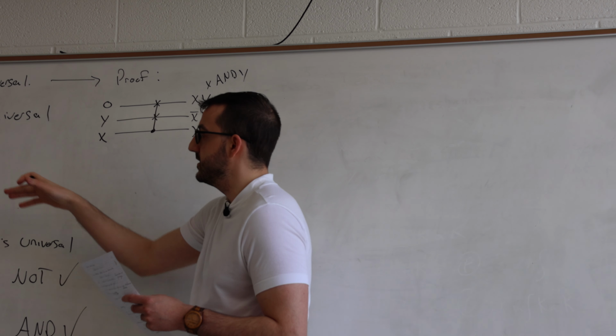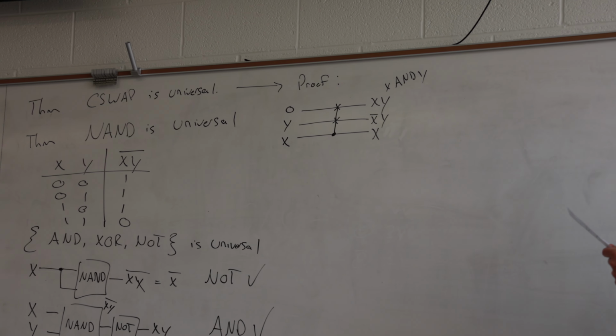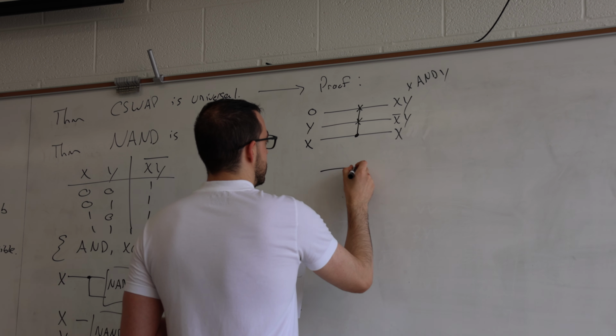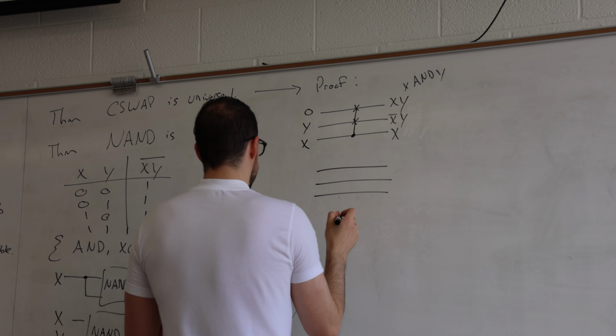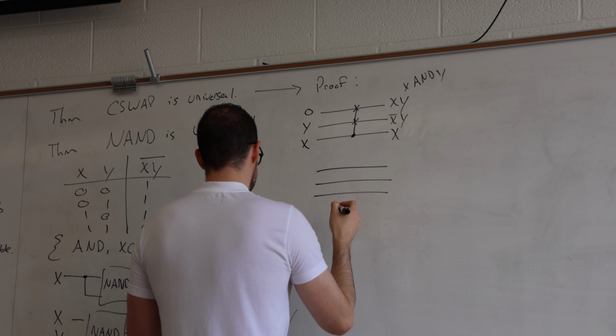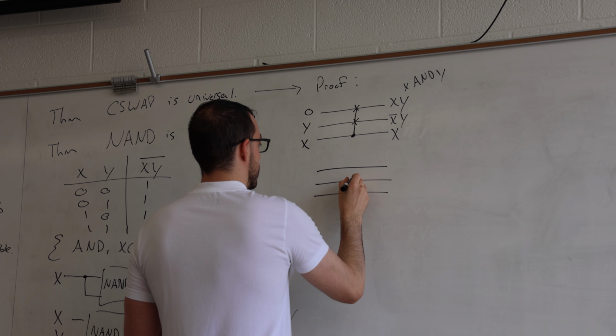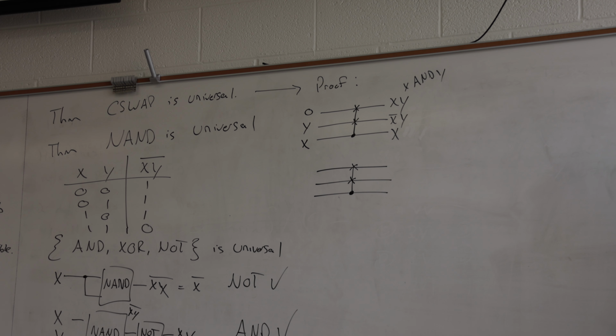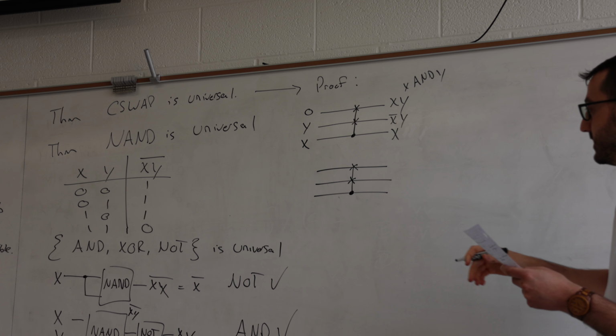We know that NAND is universal, so I'm also going to need a NOT gate. As an exercise for you, let it be a creative exercise. See if you can use the Fredkin gate in some way to construct the NOT of its input.